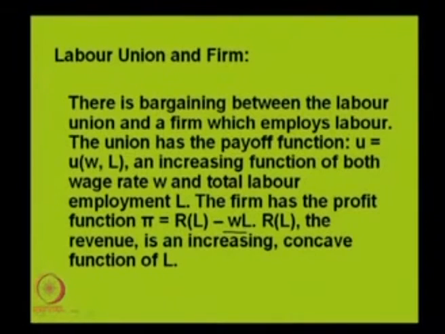So unequivocally, if L rises, cost rises, and we have assumed that this relationship is linear, W multiplied by L. So this is what the union wants to maximize, U, and this is what the firm wants to maximize. And there are two variables here, one is W and the other is L.